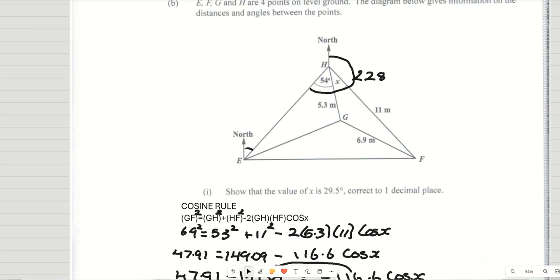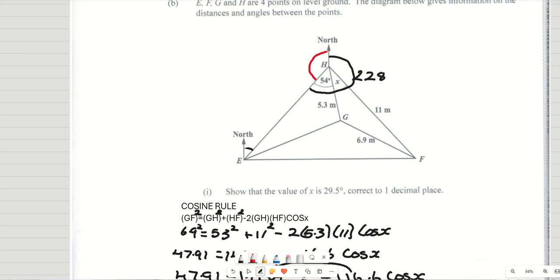Now, to find that angle, this angle here is actually interior angles. So, again, we need to find out this angle here. If we find this angle, we simply say that this black angle here and this red angle here are co-interior angles.